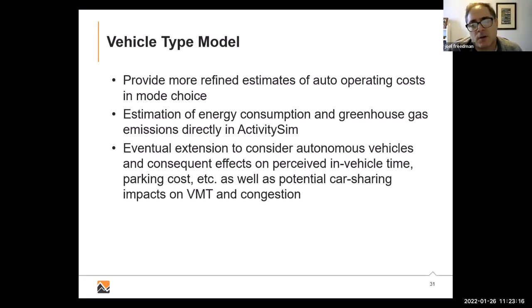Right. So it's a trade-off between computational performance and accuracy. Mm-hmm. But you can imagine some models have like 60,000 microzones. So creating a microzone to microzone skim for all microzone pairs is quite onerous. Right. Okay, that's helpful.